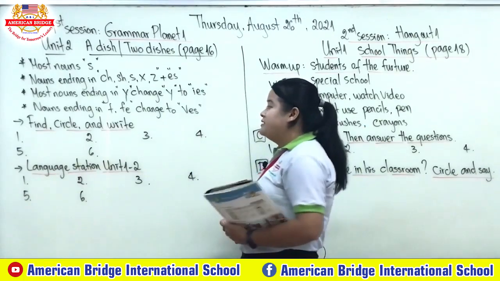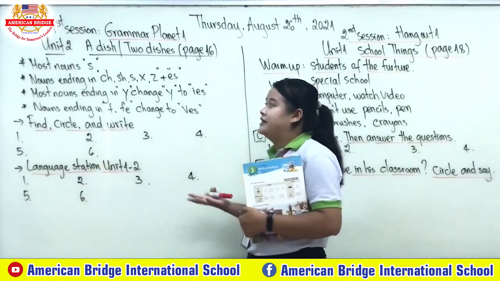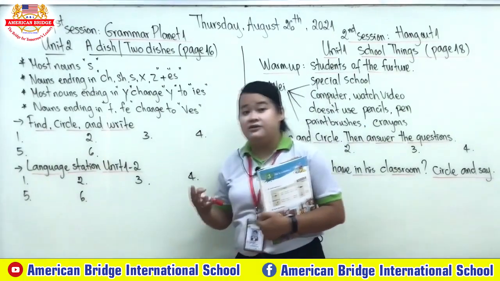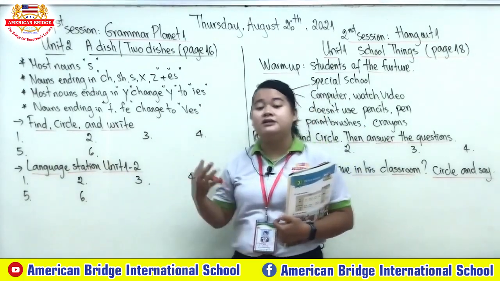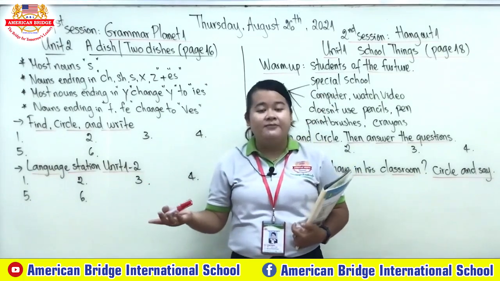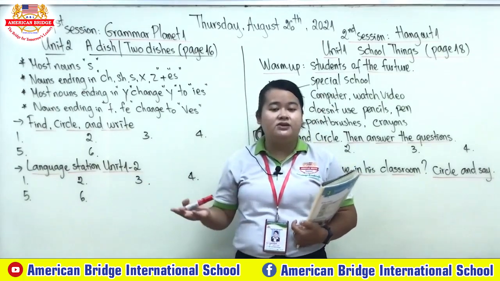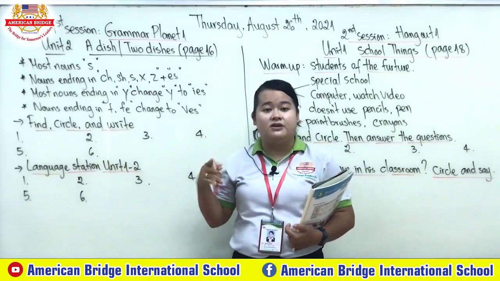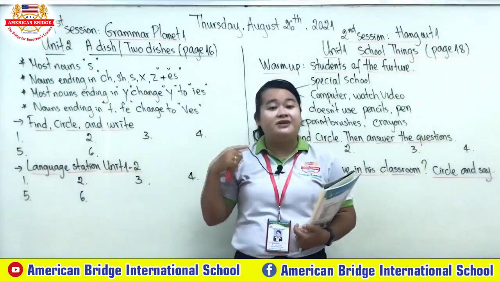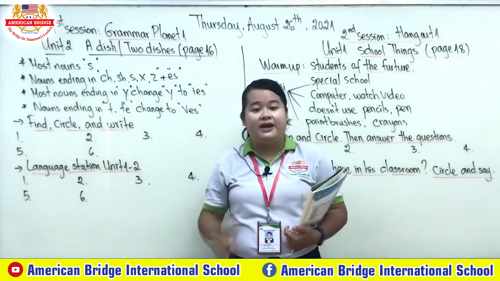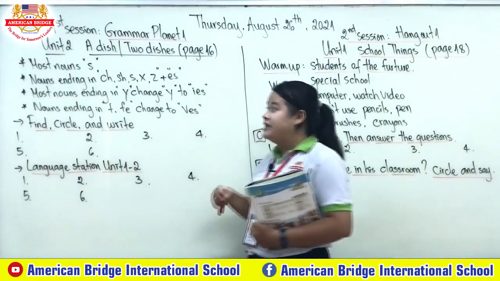Before we start, teacher wants you to review our lesson in Unit 2, where we talk about singular and plural. Singular, as you know already, focuses on only one thing: one person, one animal, one place.